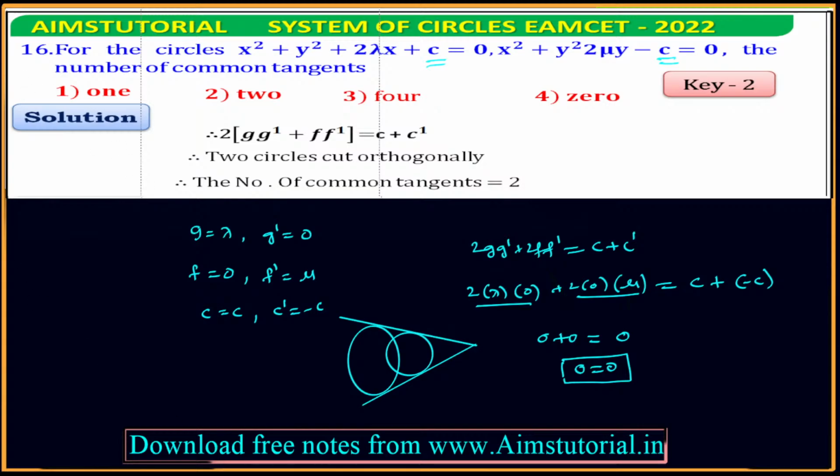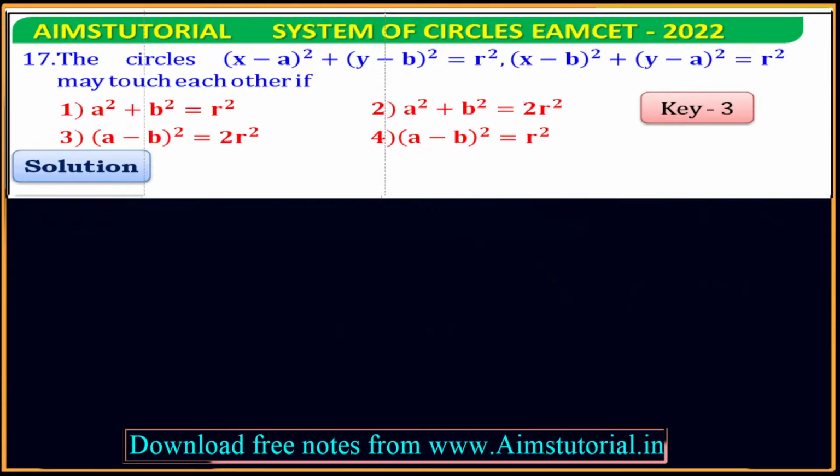Now question number 17. The circles may touch each other, find the condition. C1 is the center of the first circle, that is (a, b), and radius r1 is r itself.